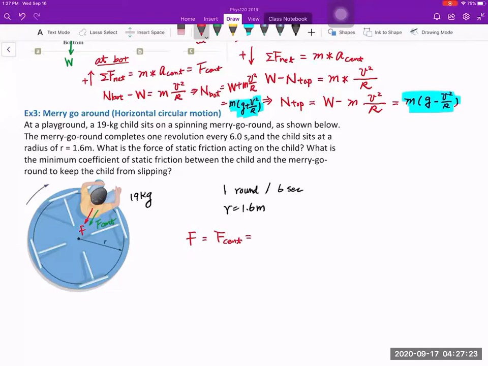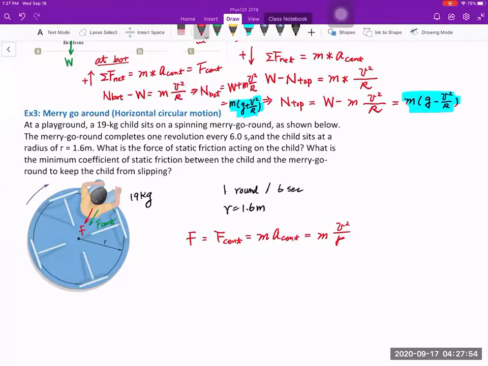Now we want to find this friction force, and that is equal to our centripetal force. And what is the centripetal force? It is mass times the centripetal acceleration, and we know this is v squared over r, in this case the small r here. But what is the v? Well, you have to do some calculation in order to find the v. How do we find the v? It tells you 1 round in 6 seconds.